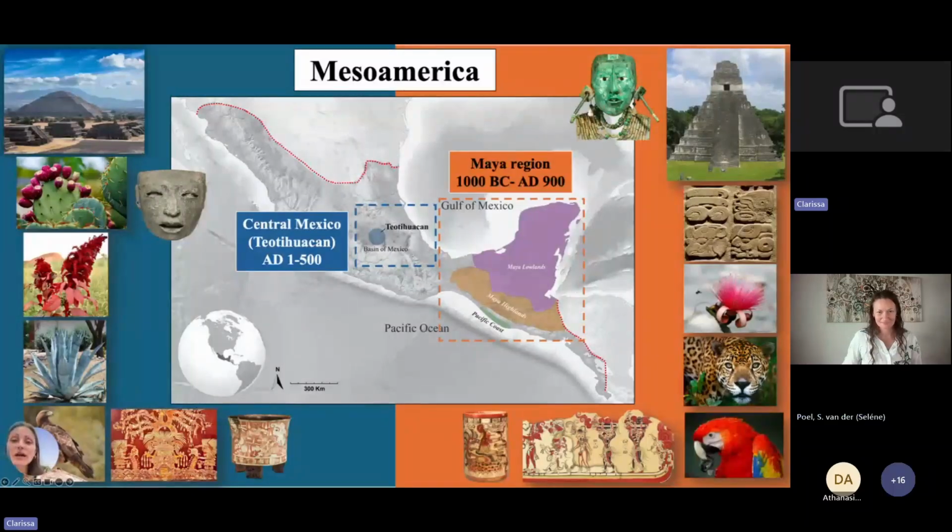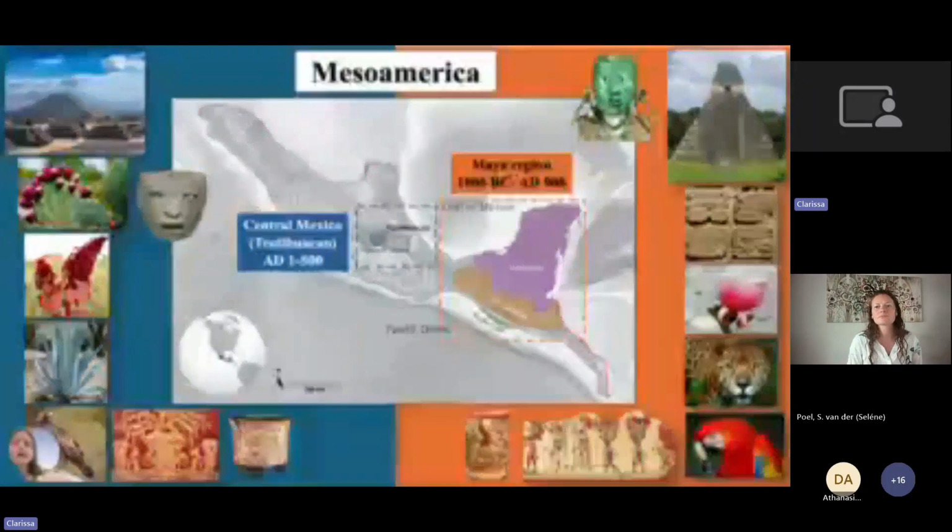So basically this whole area that is enclosed in these red dotted lines is Mesoamerica. And I work both in the Maya region, which is in this orange circle, but also at Teotihuacan. Both of these are located in what we call Mesoamerica, and they're very different regions. In the Maya region, you go from tropical lowlands all the way to highlands.